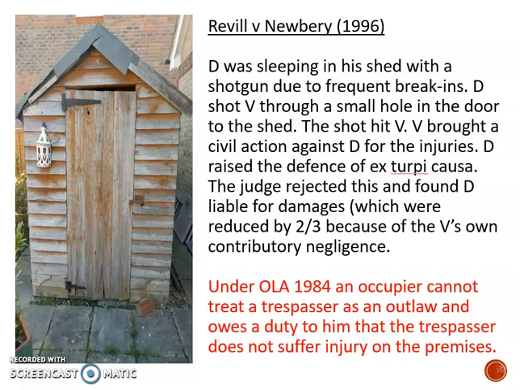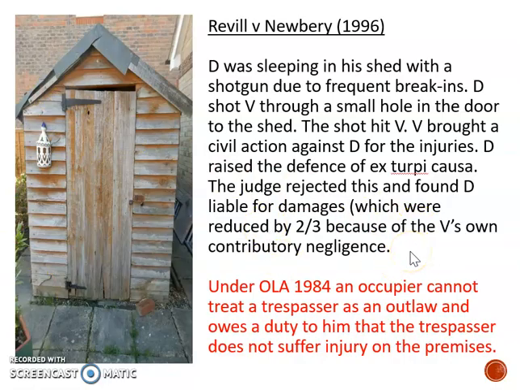So the victim came along, was going to go through the shed, and our defendant shot him through the hole, and the victim brought a civil action. And he raised an ancient defence called ex turpi causa, and the judge actually rejected ex turpi and found that the defendant was liable for damages, but they were reduced by a whopping two thirds because of the victim's own contributory negligence.